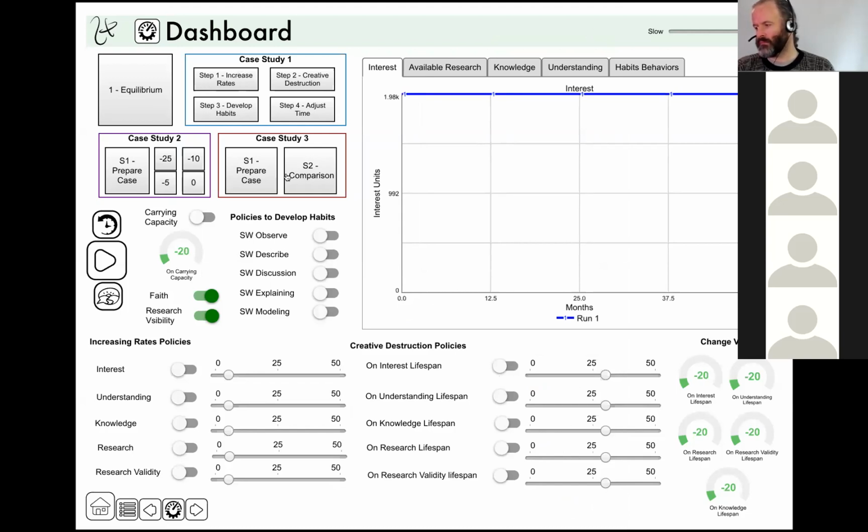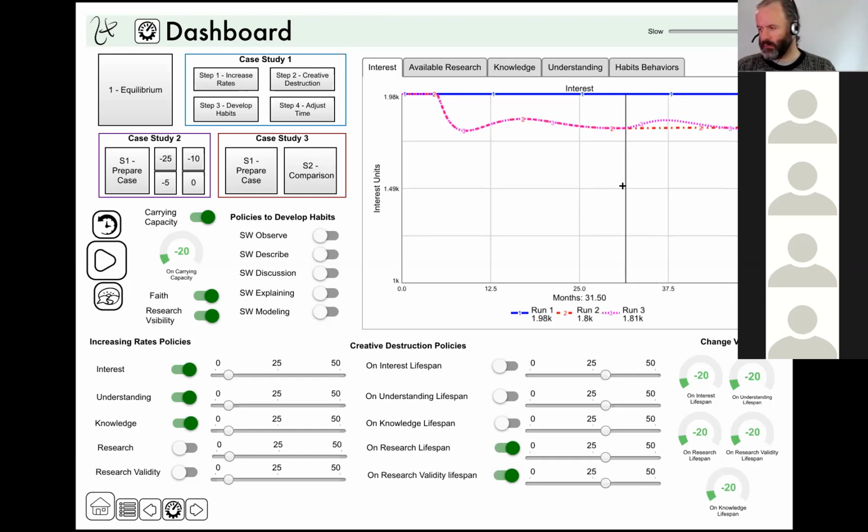Then I'm going to say that we're going to increase some variables. We increase the ability of the student to have more interest, more understanding, more knowledge. That actually goes a little bit... Then we use creative destruction and try to compensate. Every one of these policies is made right here, like in 130.